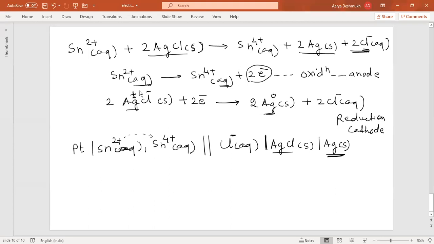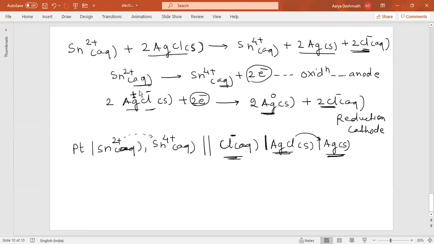So at this end, what is happening? AgCl, by gain of these two electrons, is getting converted into Ag. So AgCl is getting converted into Ag, plus there are also two chlorides. So you start writing from this Cl minus, that is the chloride ion. The ion should be written first and then write this and then this.